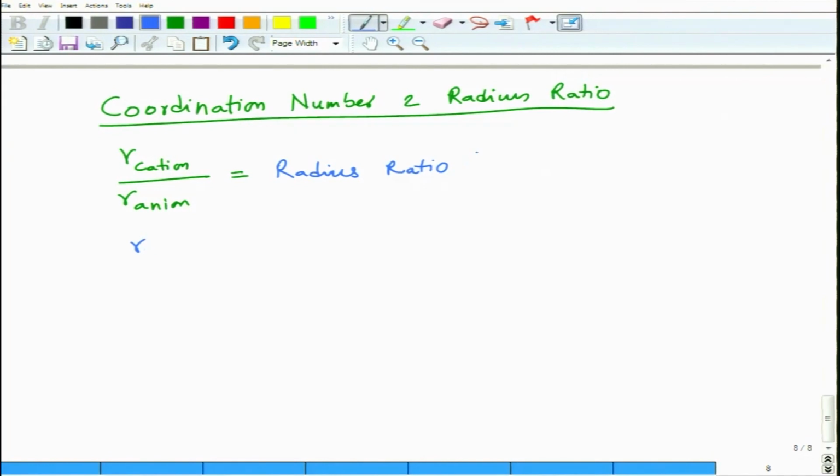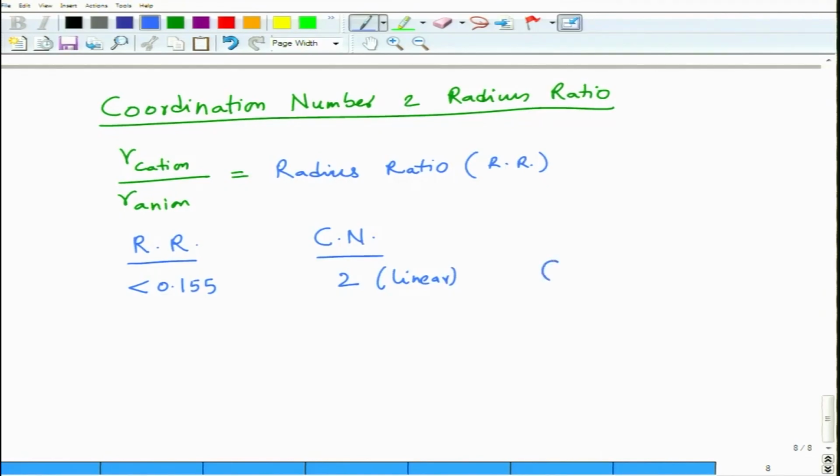If I take, let's say, this as RR, when RR is less than 0.155, which means when the cation is very small as compared to anions, the coordination number which is preferred, I can write as CN, is 2. This is called linear coordination, okay.